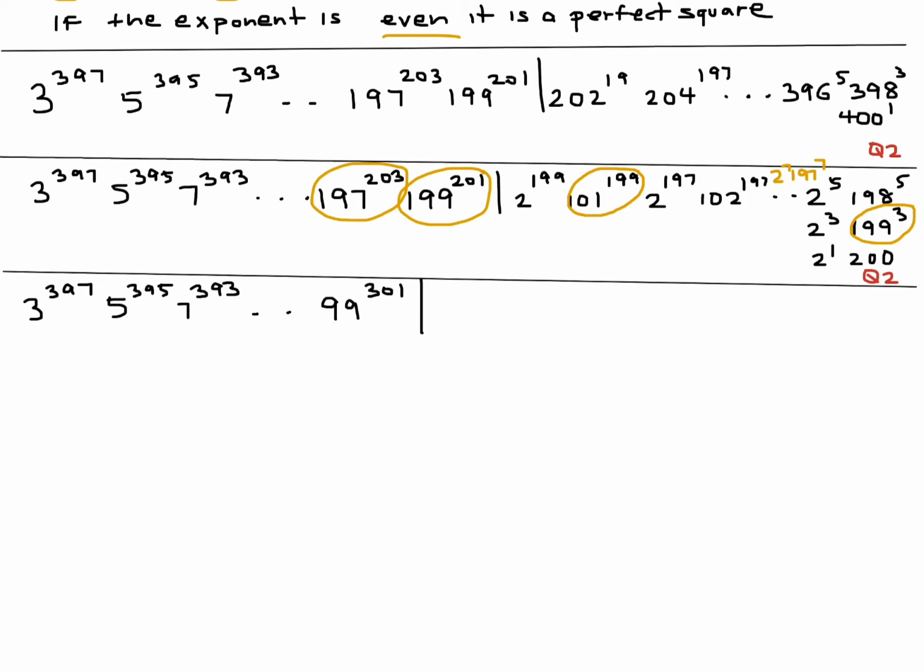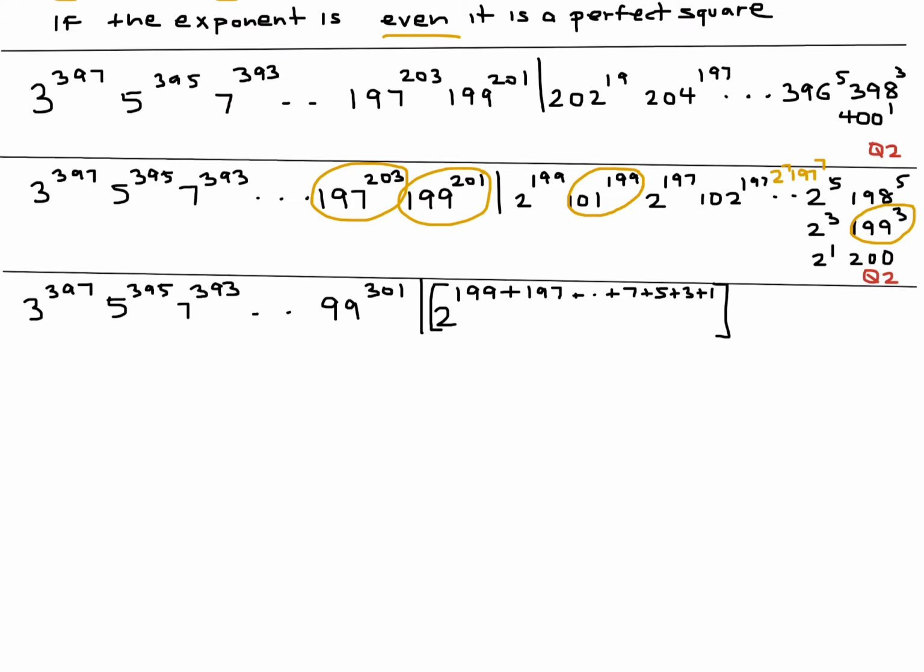Okay, but I've got to keep in mind that I've got all these 2's left over. I've got 2 to the power of 199, and then 197, and then so on, dot, dot, dot, all the way to 7, and then plus 5, plus 3, plus 1, right? All those 2's. Don't forget that.